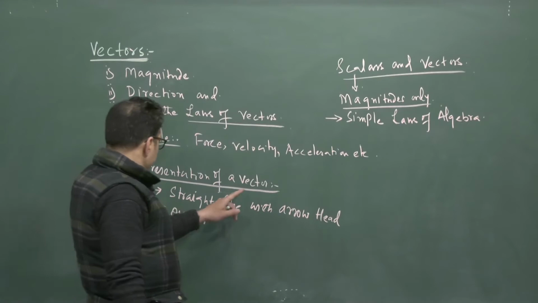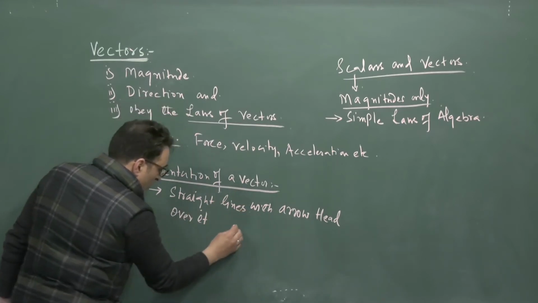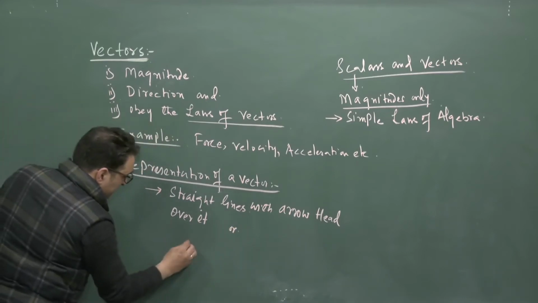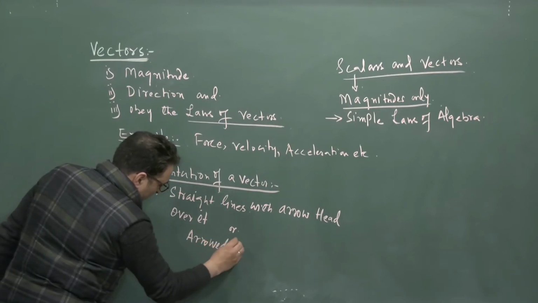Vectors are represented by means of the straight lines with arrowhead over it, or simply we can write vectors are represented by the arrowed lines.